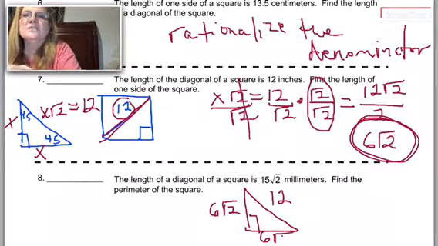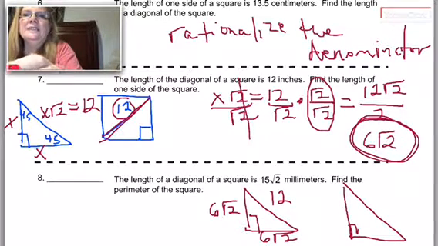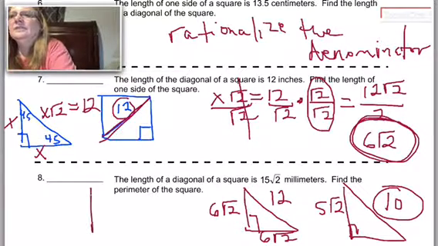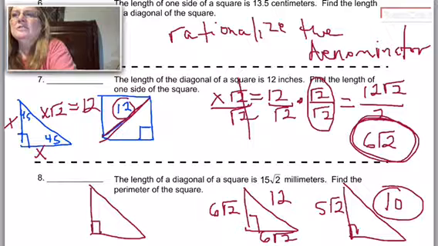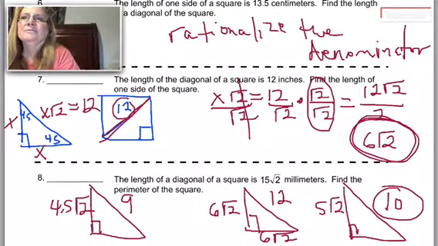So we know the sides are 6 times the square root of 2. In other words, if this side is an integer, like 10, this side is going to be 5 times the square root of 2. If this is 9, this is going to be 4.5 times the square root of 2. Okay.